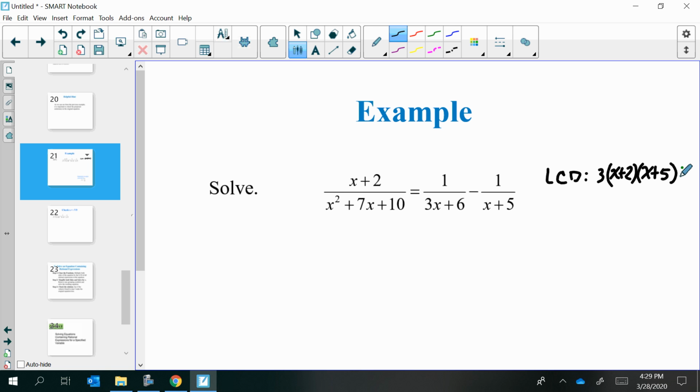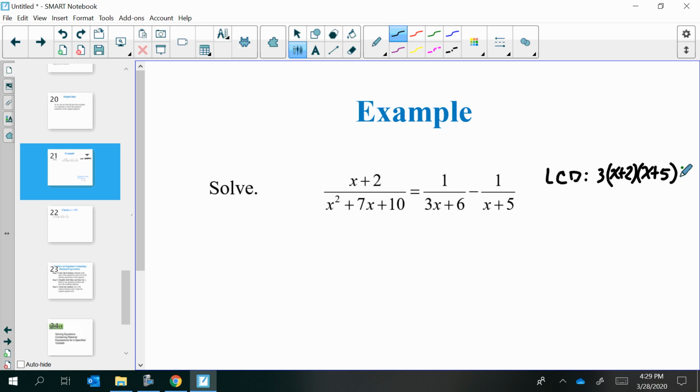I don't want to write out multiplying the LCD every time. There is a more efficient way. I don't recommend doing it this way, though, until you've already done it the long way many, many times, till you really get the concept. Then you can start saving yourself some writing steps, because these can get a little lengthy.